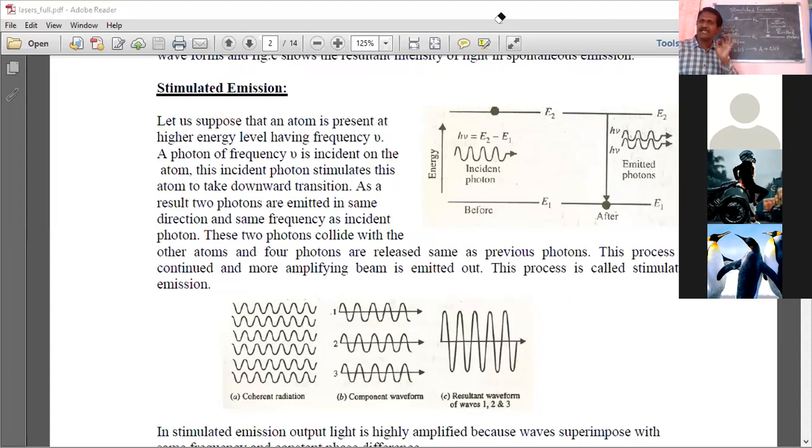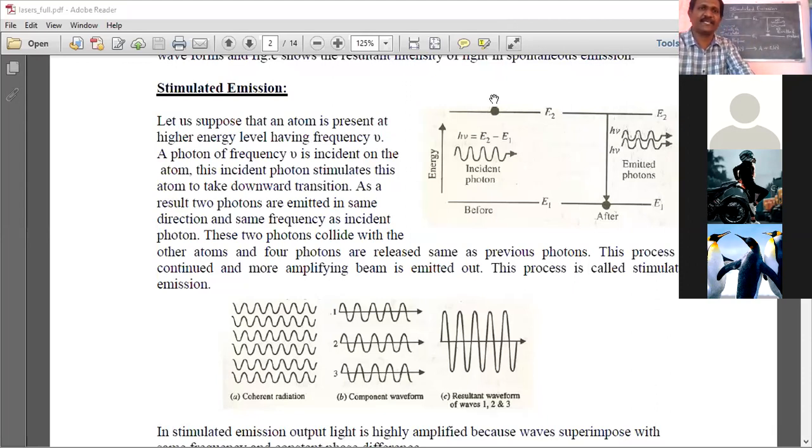One more thing, both these photons have the same phase relation. Same phase relation means they are being amplified. When two or more waves have the same amplitude or same phase, the resultant is going to be increased amplitude.